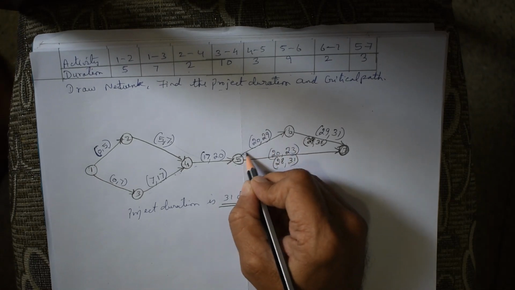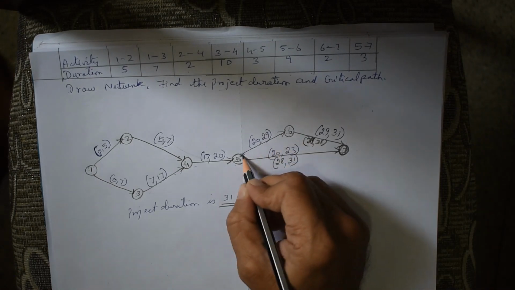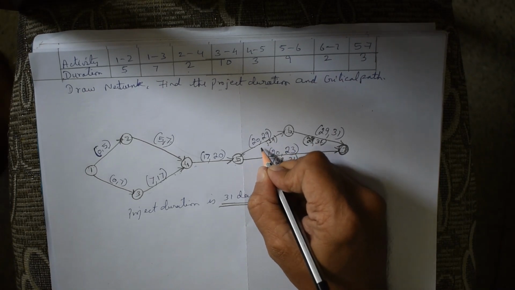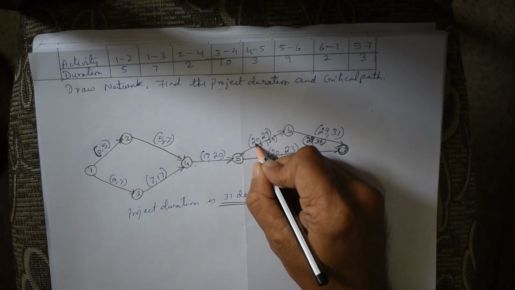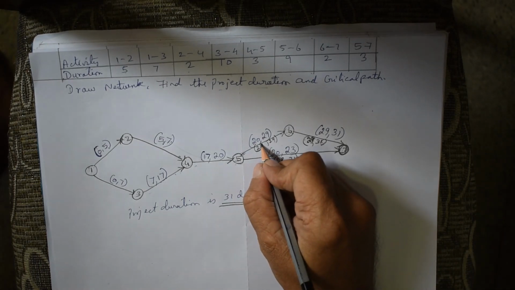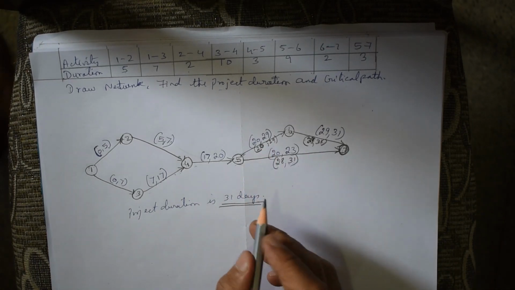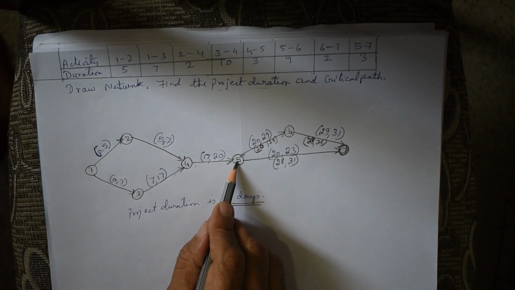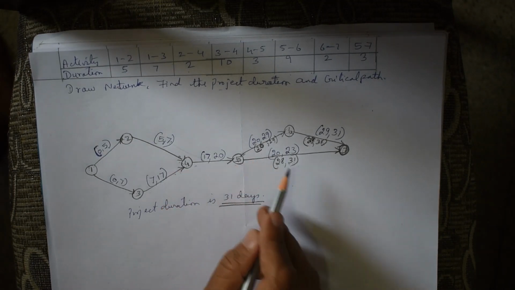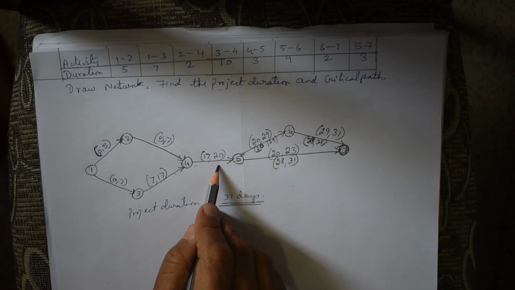Now this 29, which is the commencement of 6 to 7, should be the finishing time of the previous activity, which is 5 to 6. So write this 29 as the finishing time, subtract the duration, and you will get the starting time. Now you got the starting time as 20 here. Now for 4 to 5, we should take this 20 or this 28 and write here.